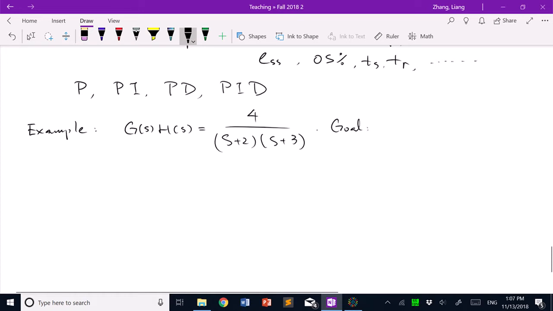The goal is to have the closed loop system track the reference input, a unit step input, with less than 10% steady state tracking error.